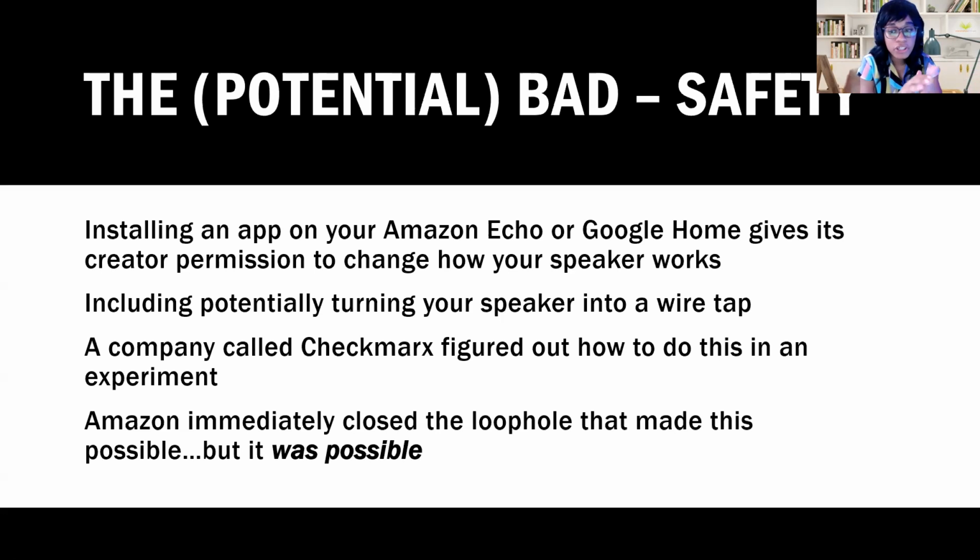A company called Checkmarks figured out how to do this in an experiment. They weren't doing it maliciously or anything. They were trying to break the Echo. They created an app that told Alexa to record you indefinitely and send them a transcript of what you said.